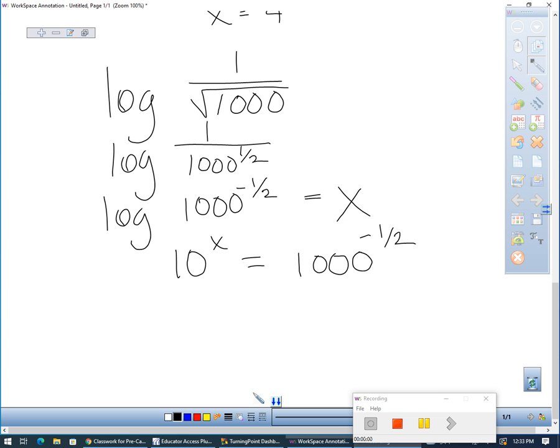What do you guys want to do now? Get it to 10. So this is actually 10 to the what? Okay. So I'm going to write it this way so you can see each of the steps. 1,000 is 10 to the third, still raised to the negative 1/2.